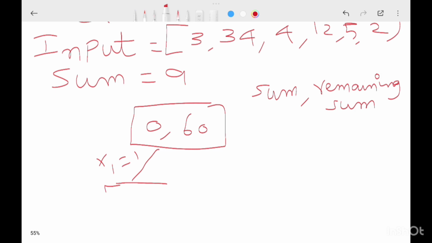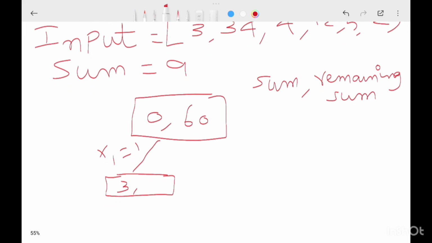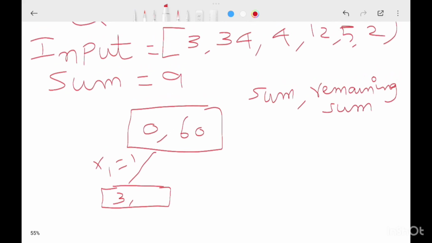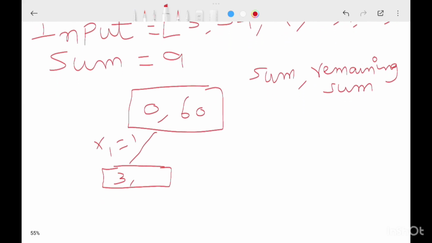Once I add the first element, this subset contains only one element, 3, and all the remaining elements can be included at this particular state. So the remaining sum is 57.